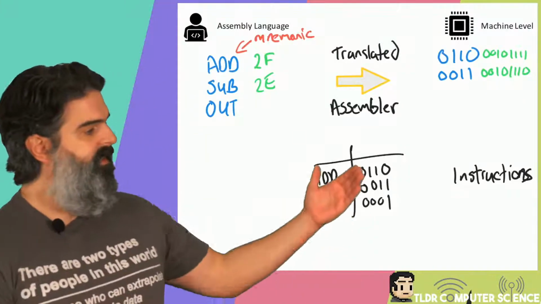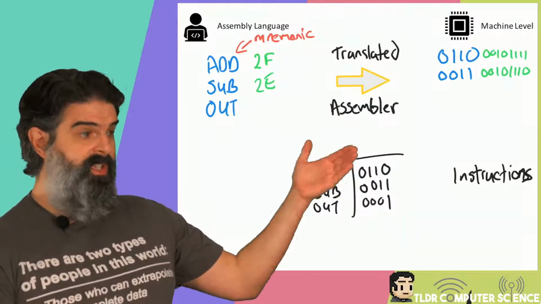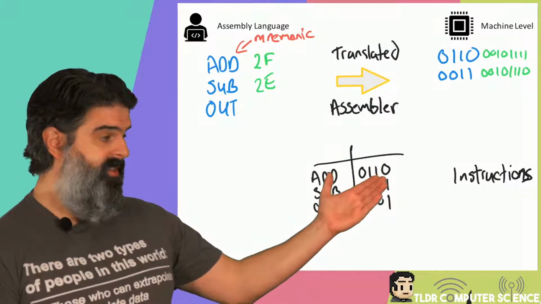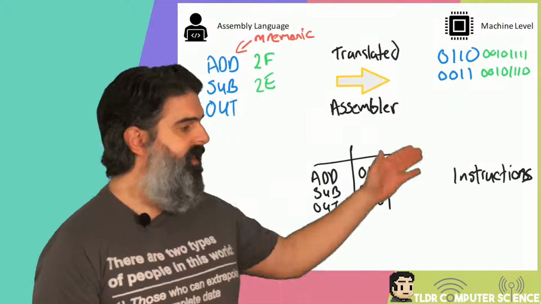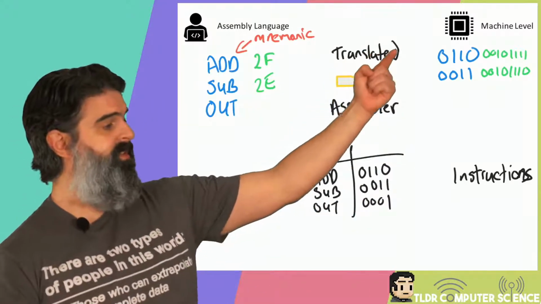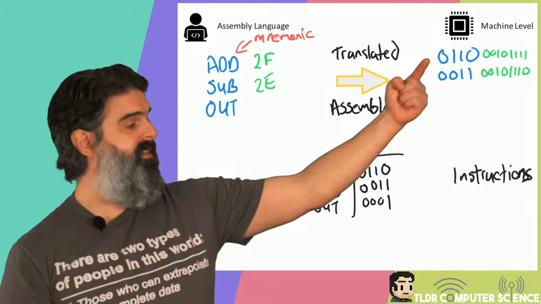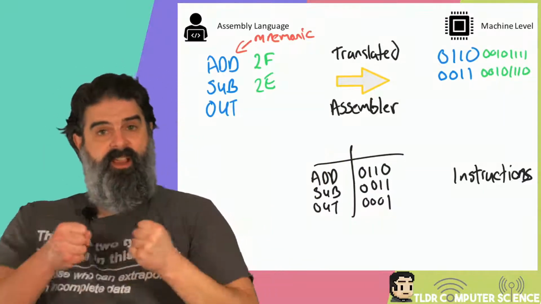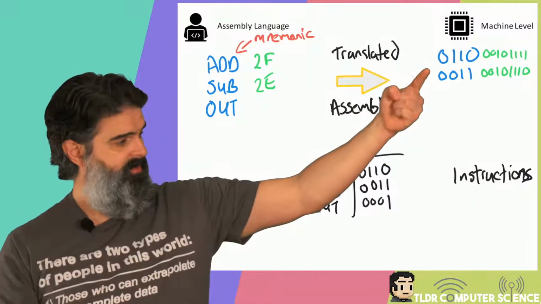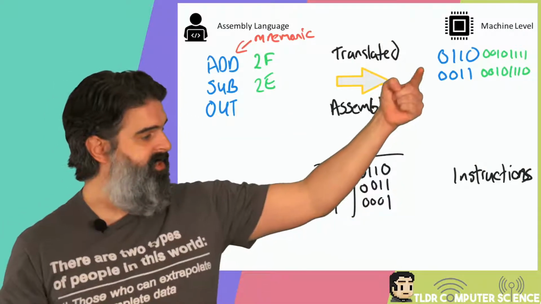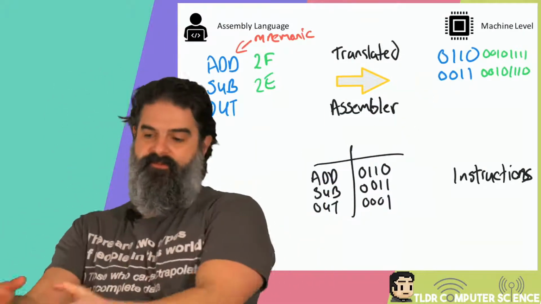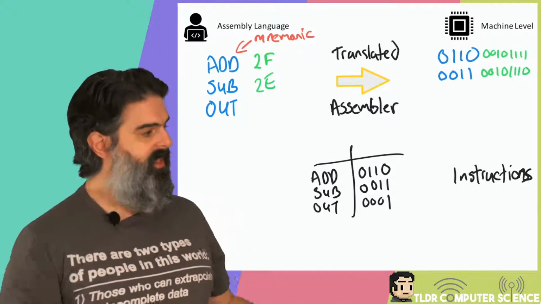I said that there's the fetch, decode, and execute cycle. What is it fetching, decoding, and executing? Here's what it's fetching, decoding, and executing. These. So the processor fetches that bit of code, that instruction, then decodes it, executes it, and then fetches the next instruction. It fetches it, figures out what to do with it, and executes it.